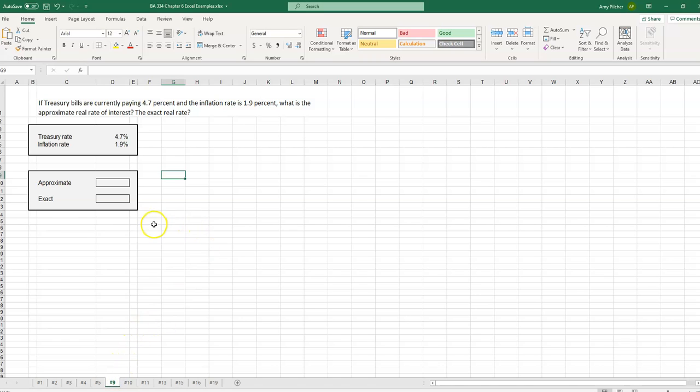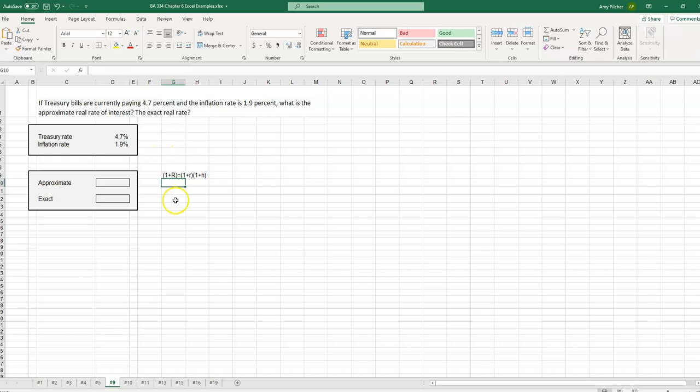The next 3 examples use the Fisher effect formula from class, and the Fisher effect formula is 1 plus R, or the nominal rate of return, R, capital R is the nominal rate of return, equals 1 plus little r, which is the real rate of interest, times 1 plus h, which is the inflation rate.